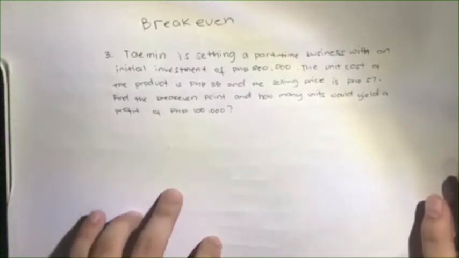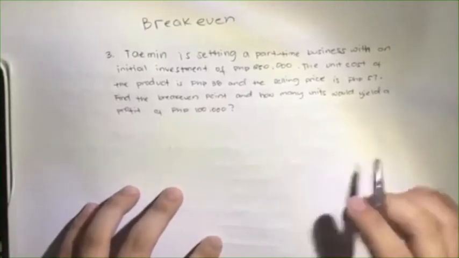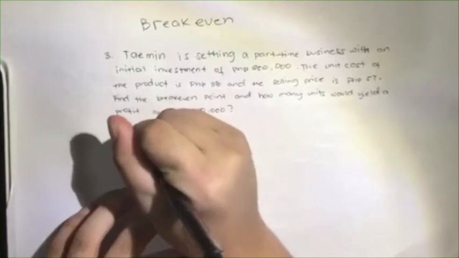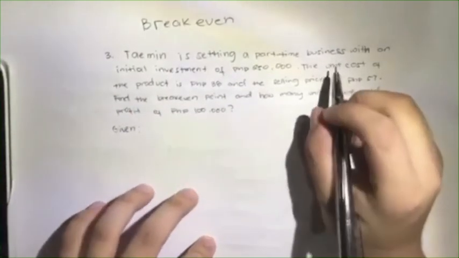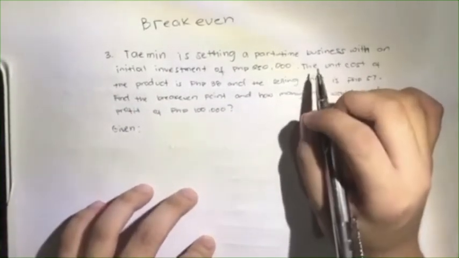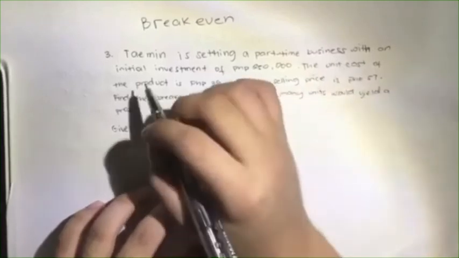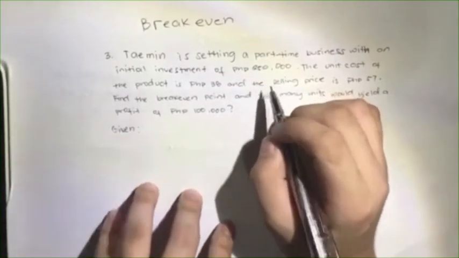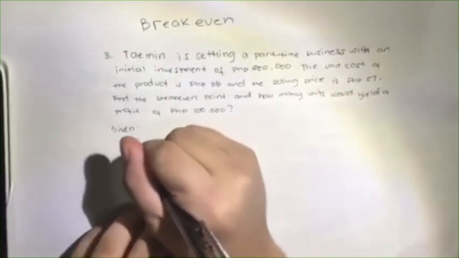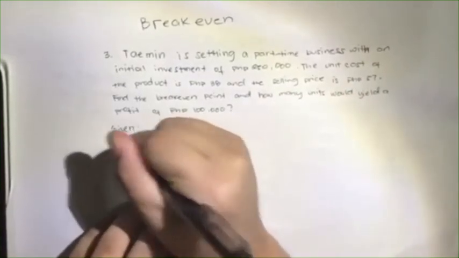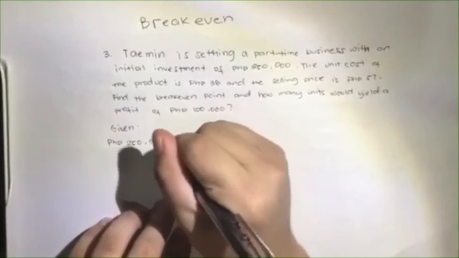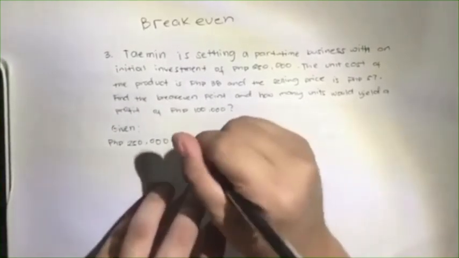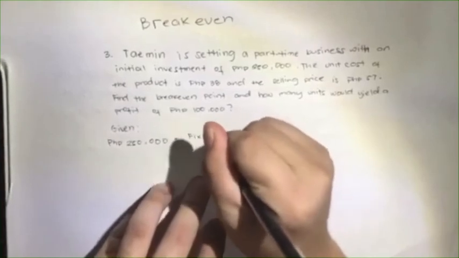So, hanapin ulit natin ng mga given na values problem. Starting a part-time business with an initial investment of 250,000. So, 250,000, ito yung initial investment niya, kaya ito yung fixed cost.